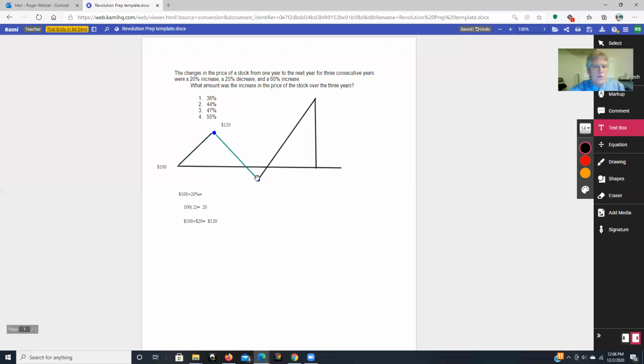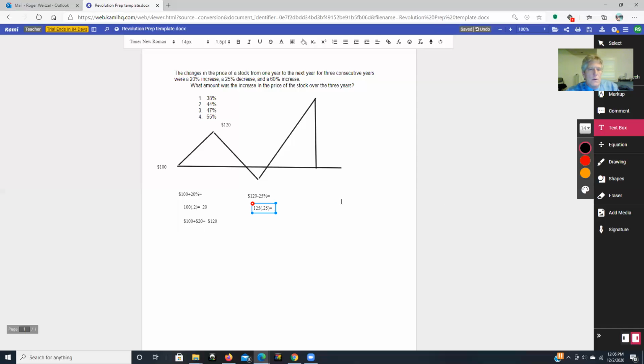All right, the next year goes down by 25%. Now, bear in mind, we have a new reference point. So now what we want is to take the 120 and subtract 25%. And that's going to be a new calculation here. So now we're going to take 120 and we're going to multiply that by the percentage, which is going to be 0.25, and 0.25 is the same as a quarter.